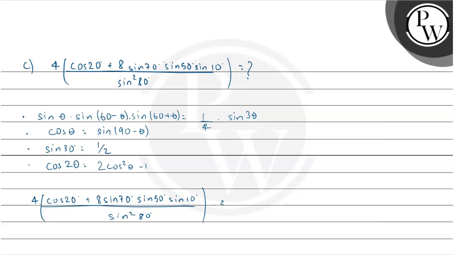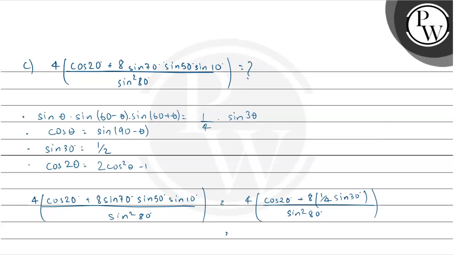Now we already know that sine 70 times sine 50 times sine 10 represent our identity sine theta times sine of 60 minus theta times sine of 60 plus theta, where theta is assumed to be 10 degrees, and hence this entire expression would be rewritten as 4 times cos of 20 degrees plus 8 times 1 upon 4 times sine of 3 theta, which is sine 30 degrees, upon sine square 80 degrees.